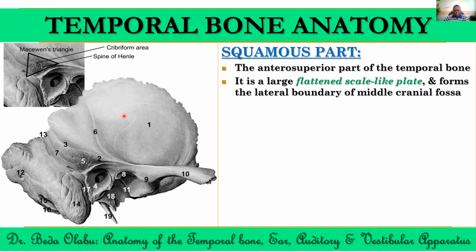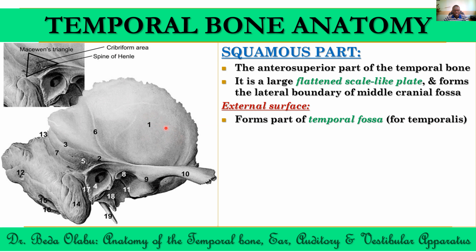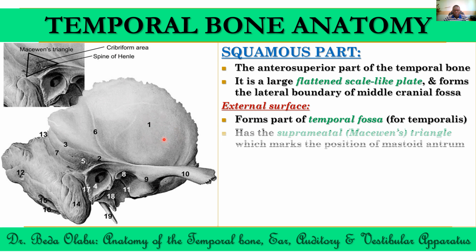From the external surface, the things we can see are the following. In this region labeled 1, it forms the temporal fossa, or part of the temporal fossa. This is where the muscle temporalis actually lies. Slightly posterior, inferior there, around the region labeled 5, is a triangular region we call the suprameatal triangle.